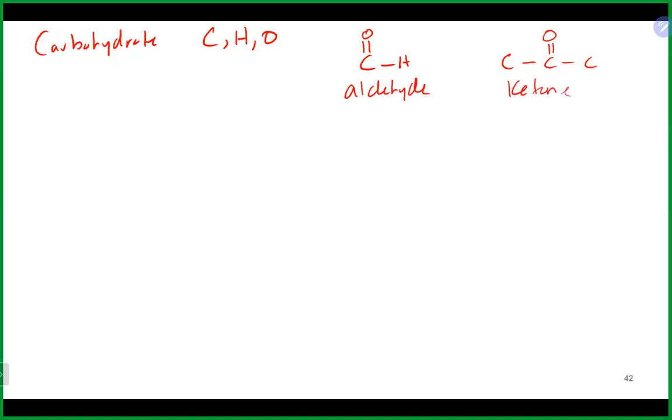If it has the aldehyde group up on top, we refer to it as an aldose. And if it has the ketone group up there on top or near the top, it is referred to as a ketose, because obviously it has a ketone group.